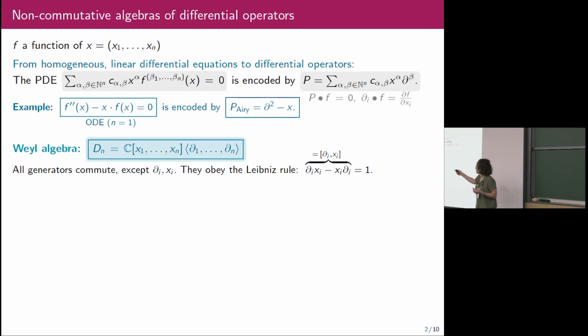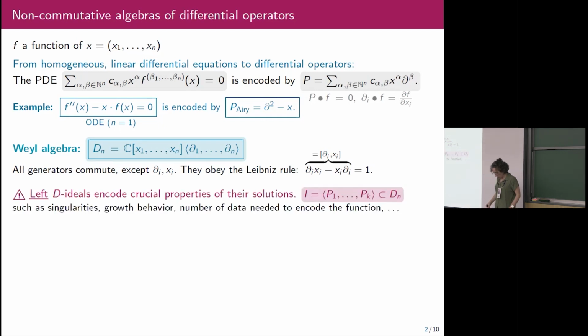So you can think of them as polynomials in the x and d variables, but it's important in which order you write the x and d down. It makes a difference if you first multiply a function by x and then take a derivative, or vice versa. It's a non-commutative ring, and the generators obey the Leibniz rule, and in algebraic terms, it reads that the commutator of d_i and x_i is 1.